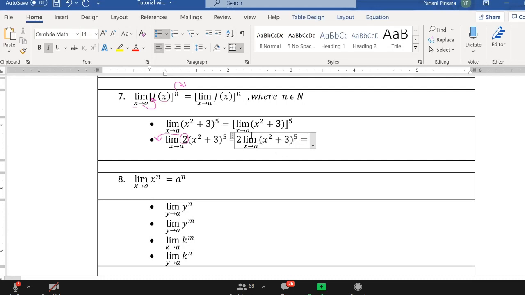Now you have this format, f(x) to the power n. There is no constant in front of it, so you can take this limit inside.